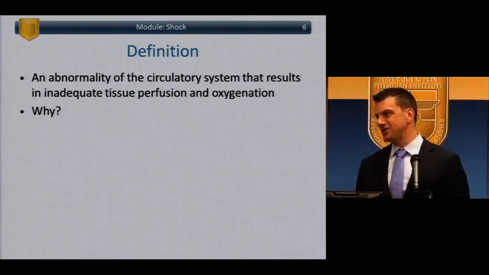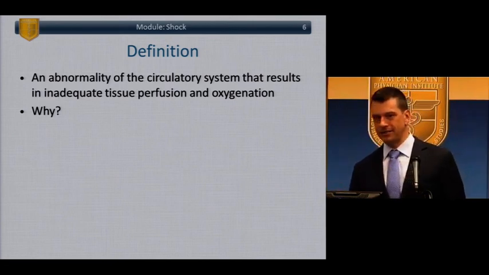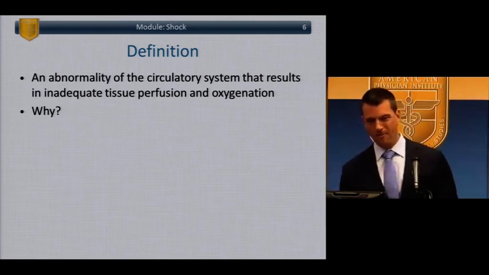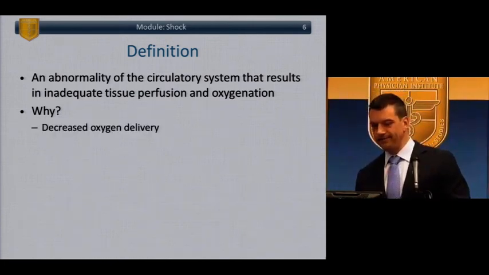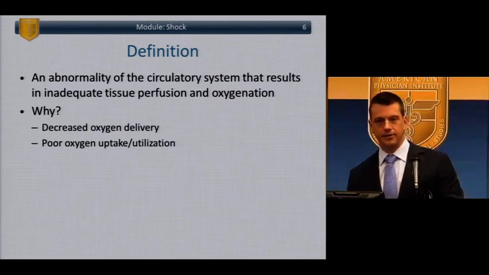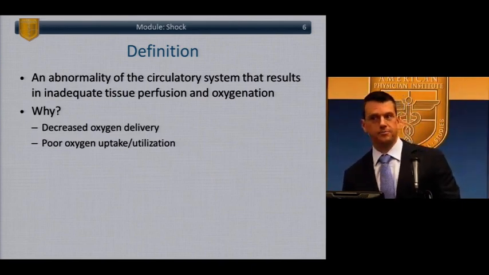One way to think about shock and its management is to remember that oxygen delivery includes cardiac output, heart rate, preload, hemoglobin, oxygen saturation, all of those things, and then you can figure out what's broken. We'll talk a bit more about that as we go. So you have decreased oxygen delivery, or poor oxygen uptake and utilization, and this may be more common in, say, sepsis, where you have very high cardiac output. The tissues are just unable to use the oxygen that's presented to them.